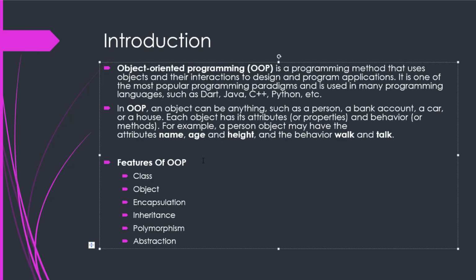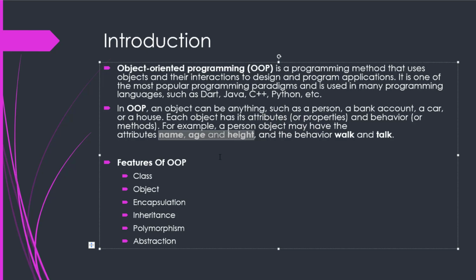So in traditional programming, if we need to store name, age, and height, we need three variables. For name we need string, for age we need integer, and for height we can use integer or double. But in OOP we will do the same thing but inside a class.